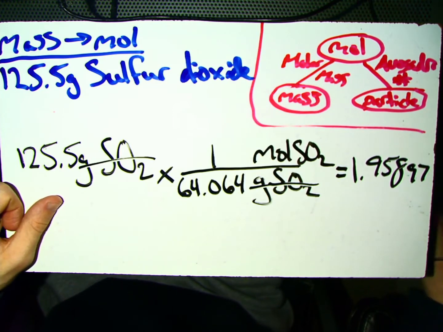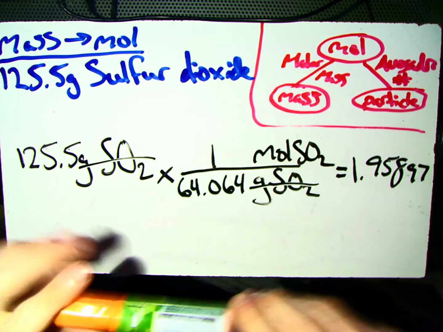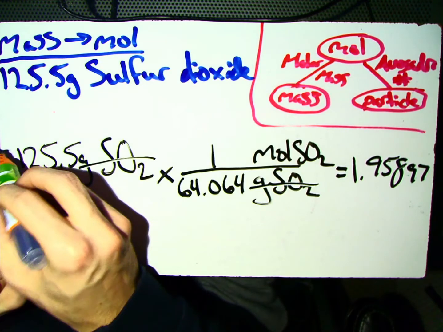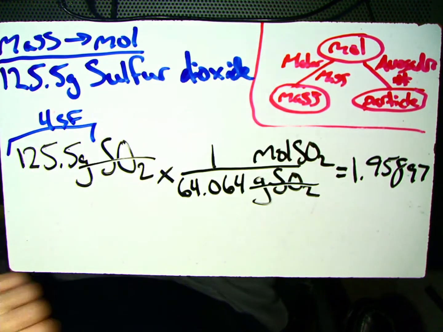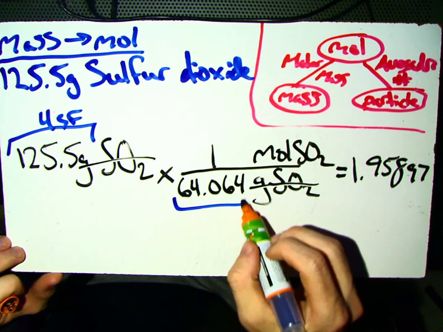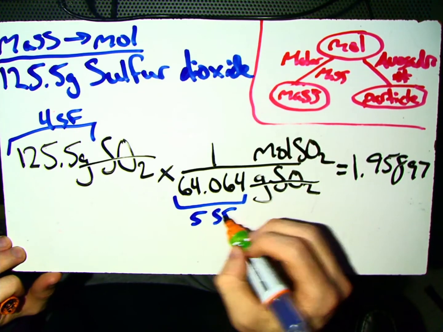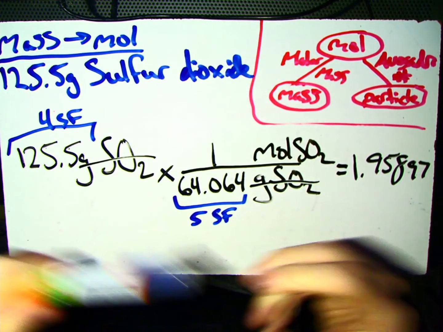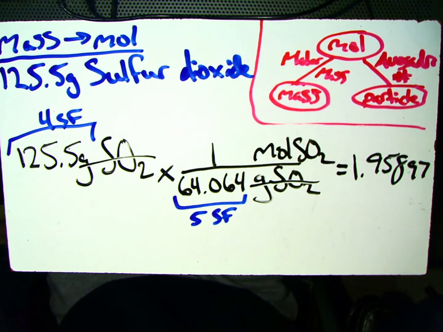Well, the issue with that number is that we didn't account for sig figs. Now, if we're looking at sig figs here, we have 4 sig figs in our given, and we have 5 sig figs in our molar mass. When we do multiplication and division, you're literally just using the least number of sig figs.